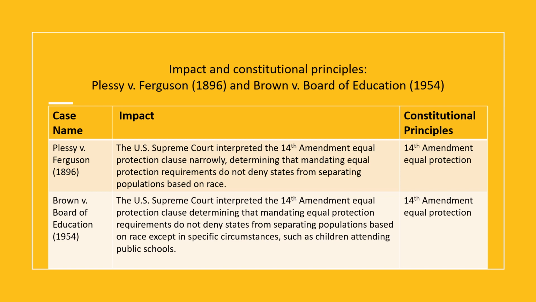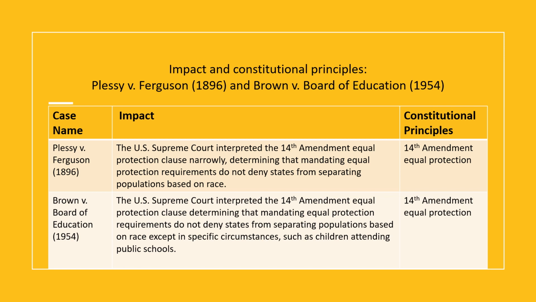The Supreme Court was asked to evaluate the 14th Amendment Equal Protection Clause and to look at it through the lens of, are people equal and are they being treated equally if they are separated? And the Supreme Court said yes, that separate but equal does not mean unconstitutional. And so the constitutional principle here is the 14th Amendment.